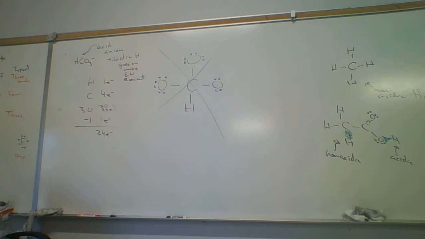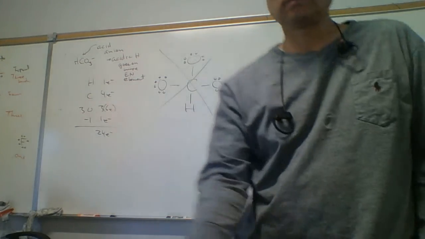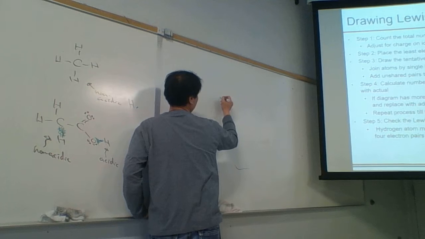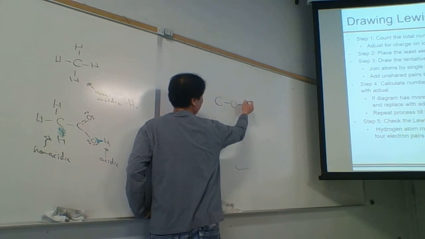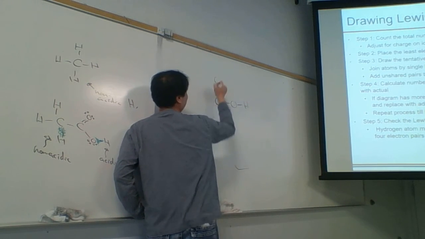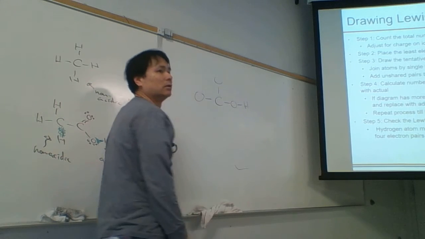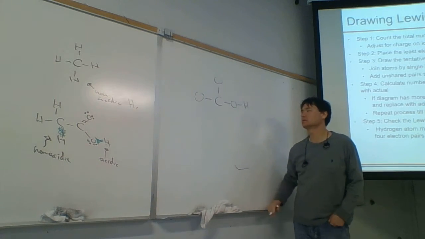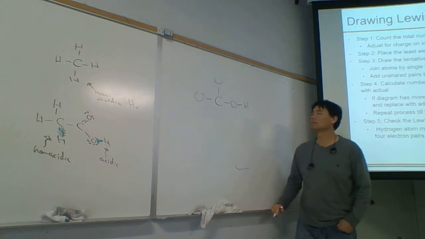The different structure is going to look like this. You put the hydrogen here. Is that right? Yeah. Well, it doesn't matter. We can put it here, here, or here. But this looks good. And then we complete the octets.